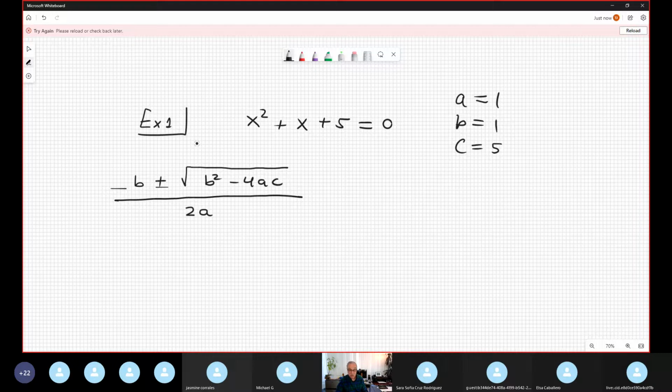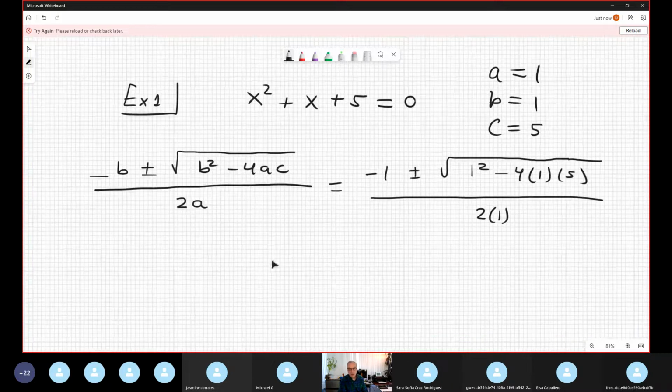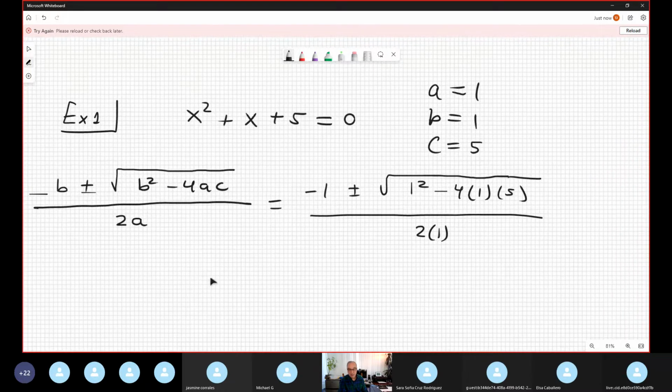Okay, so you plug in: x equals negative 1 plus or minus the square root of 1 squared, which is b, minus 4 multiplied by 1 multiplied by 5, divided by 2 times 1. This is my way. I just copy the formula after I replace the variable by the corresponding value. And we focus now on the expression inside the radical.